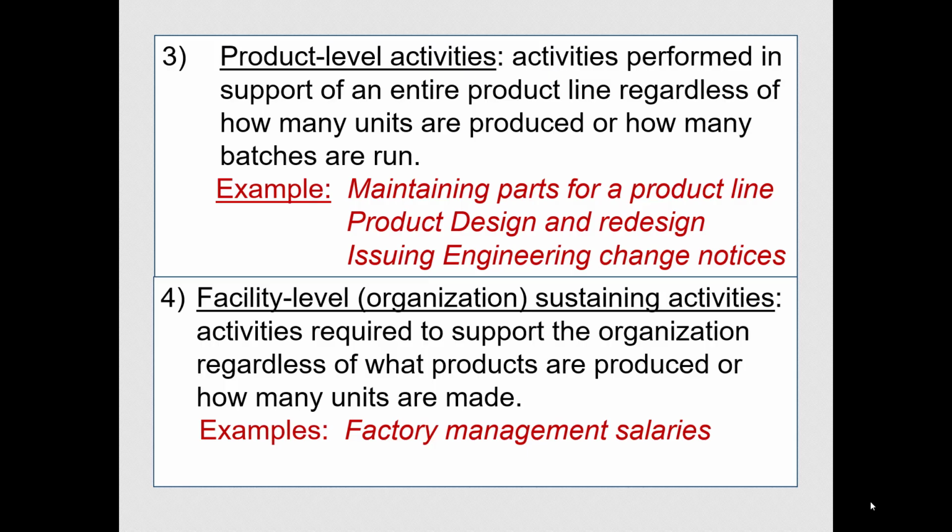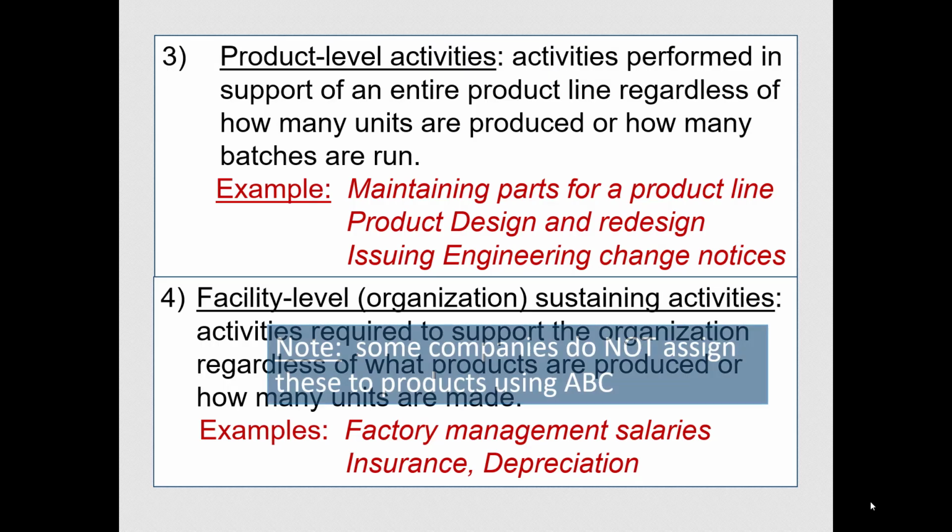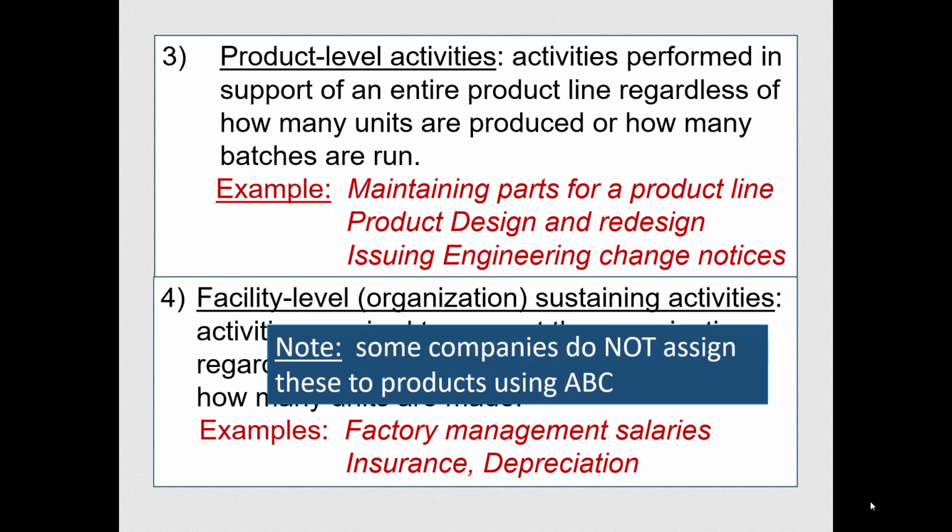Factory management salaries is an example. Insurance, depreciation. Now, some companies will not allocate facility level costs to inventory. Again, ABC often is not necessarily in compliance with GAAP. It is really used for information to make good management decisions.